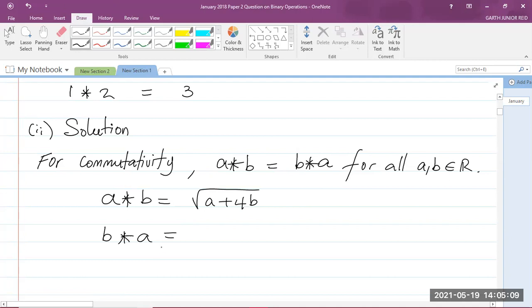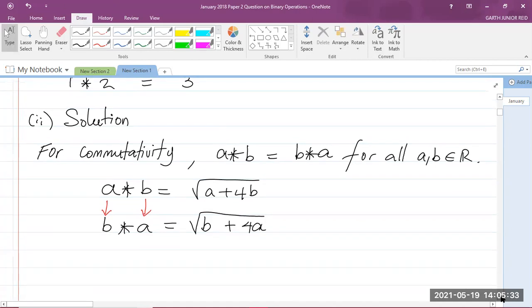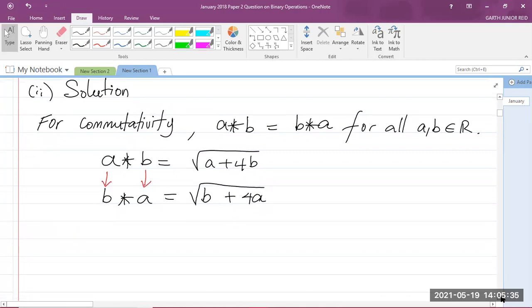I'm going to replace A as B, and replace B as A. If I do that, I get the square root of B plus 4 times A. So A star B is the square root of A plus 4B, and B star A is the square root of B plus 4A. Are those two equal?